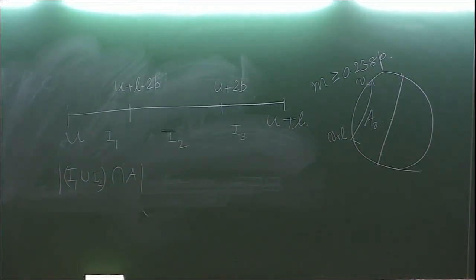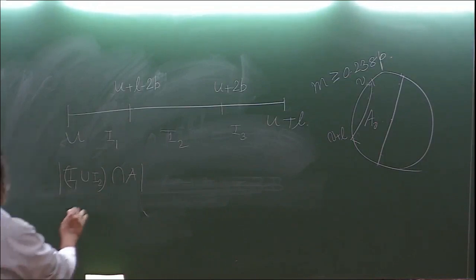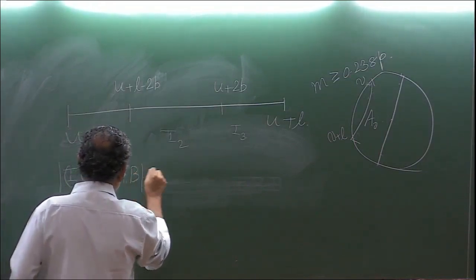I1 union I2 is an interval of length 2b.